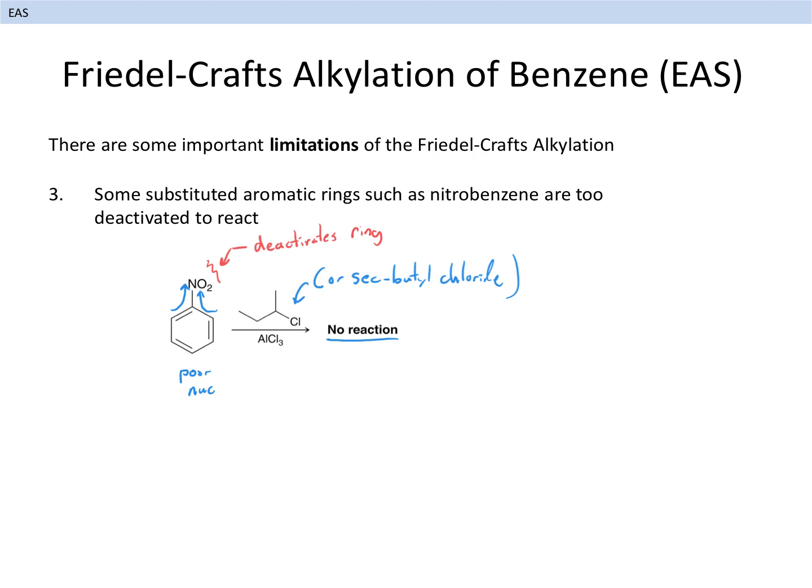Electron withdrawing groups deactivate the ring and hinder the reaction, while electron donating groups have the opposite effect. Understanding these limitations is crucial for selecting appropriate substrates for Friedel-Crafts alkylation and designing reactions that achieve the desired outcomes.